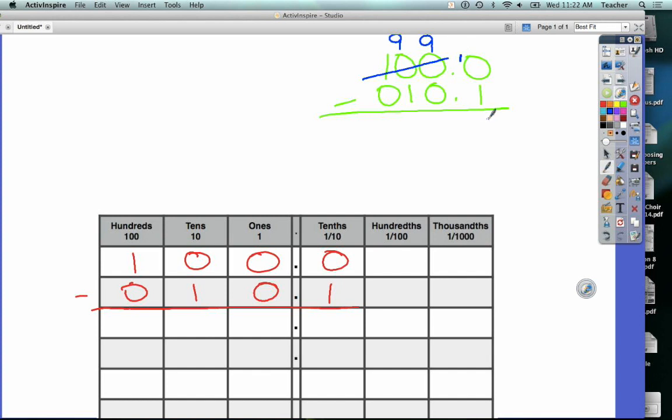Everybody. 9 minus 0? 9 minus 1? 8. There's your answer. 89 and 9/10. Decomposing has kind of come in handy, I would say, on several things, hasn't it?